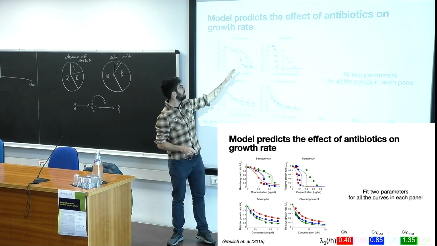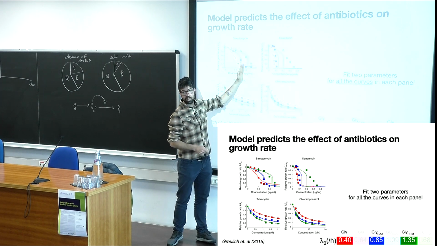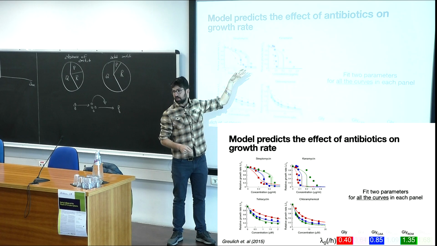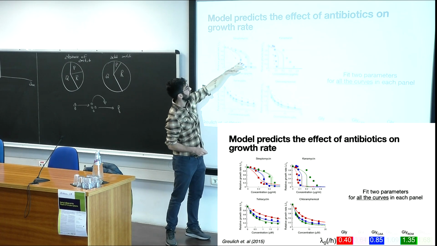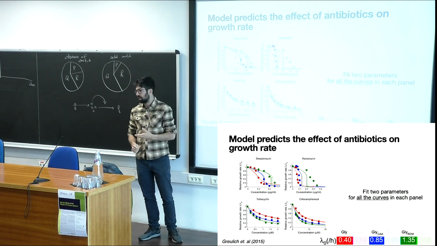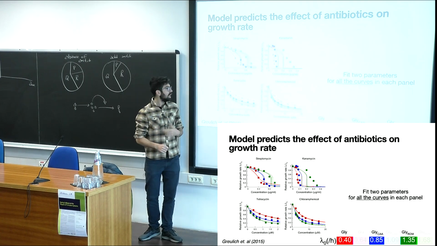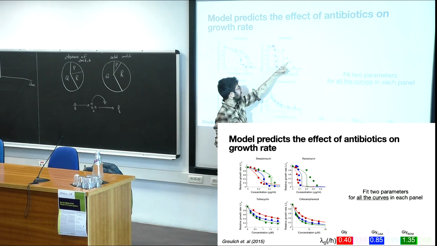Okay? So basically you have 1 parameter that tells you the typical value of the concentration where you start to see an effect. And the other one tells you something about the bending of this curve, the sort of concavity of the curve, which is lambda bar. Okay? And what you see is that with 2 parameters per plot, you are able to see this difference, right?